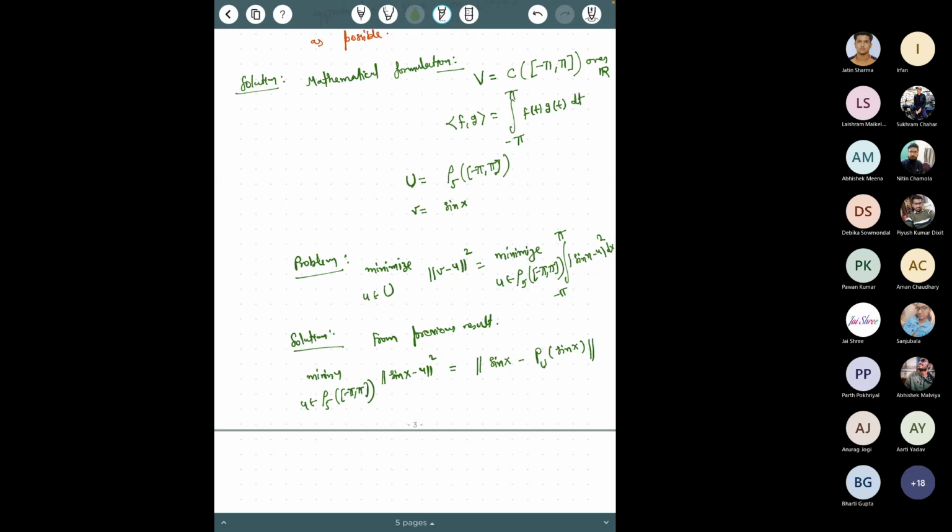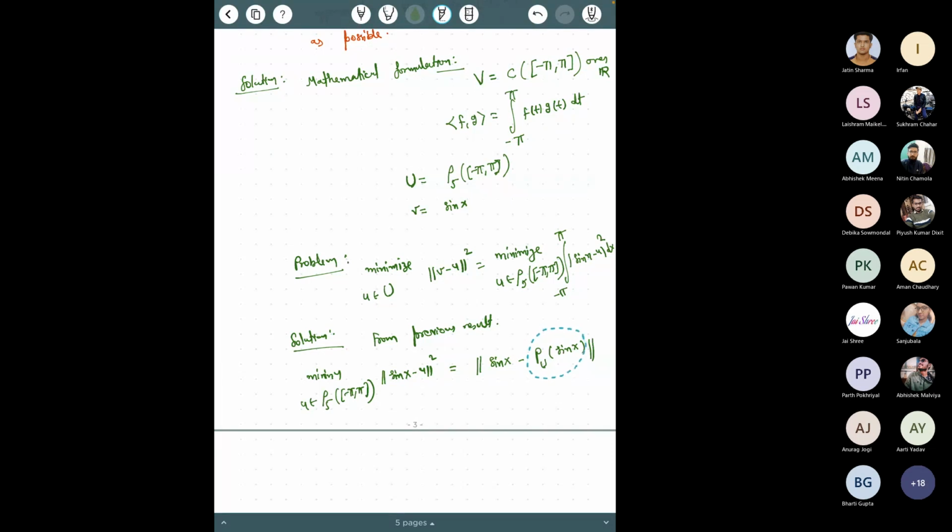You first find a basis, which would be 1, x, x squared, x cubed, x to the 4, x to the 5. These form a basis, and then you apply the Gram-Schmidt process on this basis to make it orthonormal. Once you know the orthonormal basis, you can easily compute this, and that would be your solution. So you can complete this.